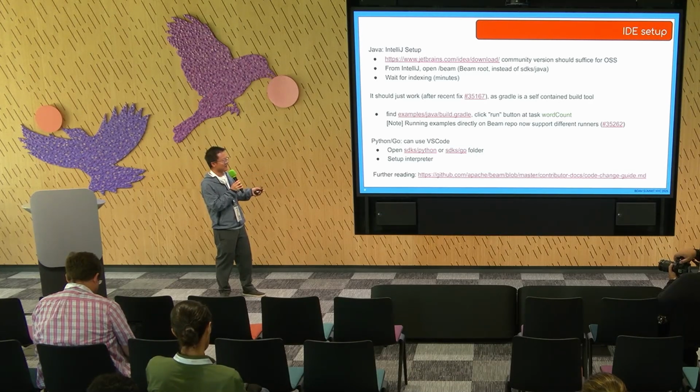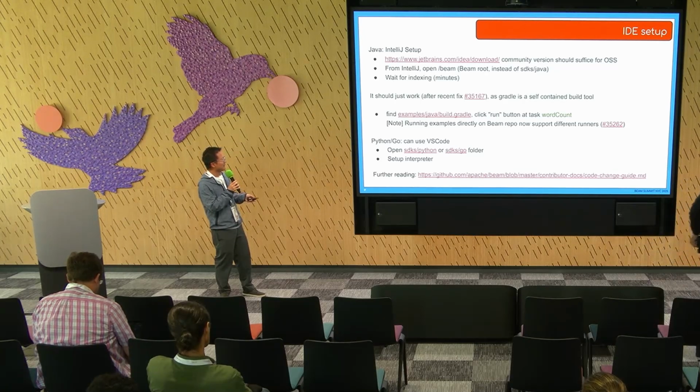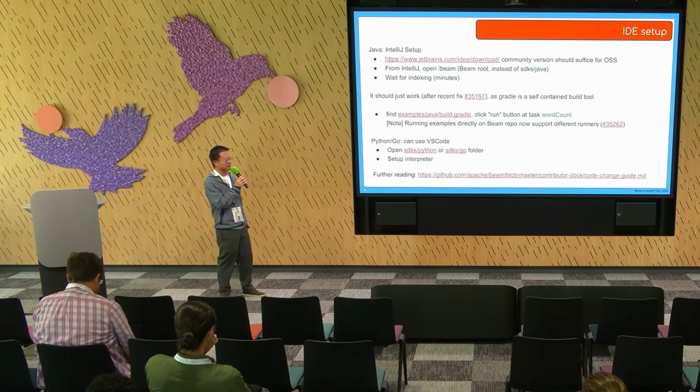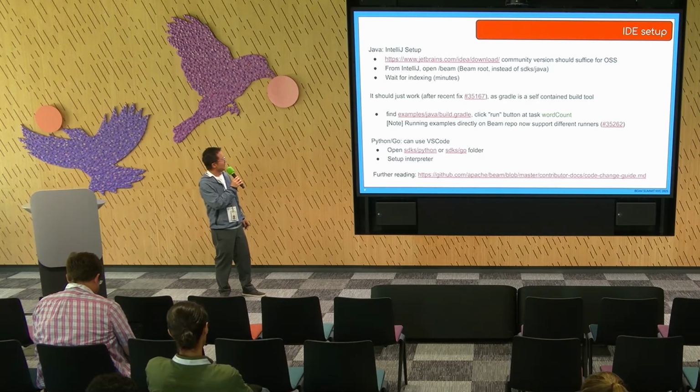And if you see that button, it means Gradle can recognize the Beam project and can run that for you. You click that button to run word count, for example, and that makes sure you have your IDE environment set up. For Python and Go, it's much simpler because there is less overhead, and in general Java is very verbose.